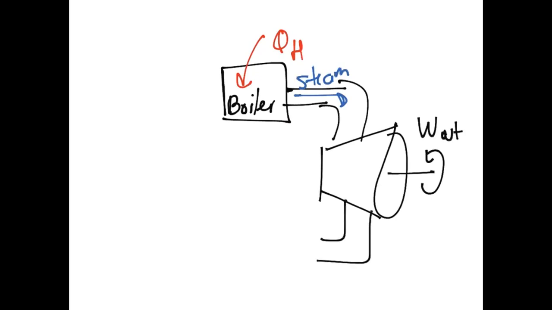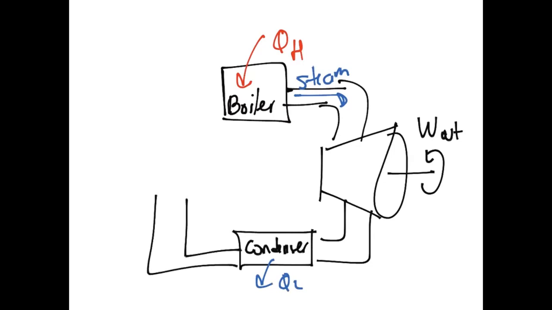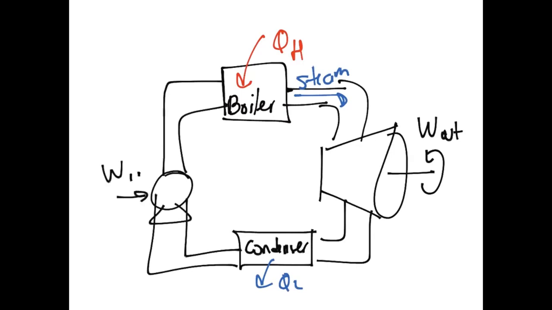Then we use a condenser in order to get rid of the remaining heat, and then we use a pump to start the cycle all over again. We need a little bit of work, and this is a thermal machine.